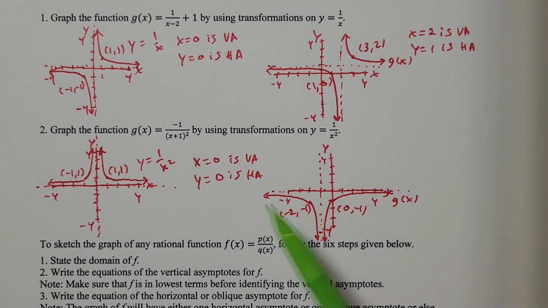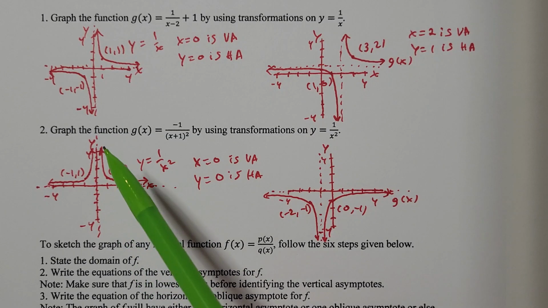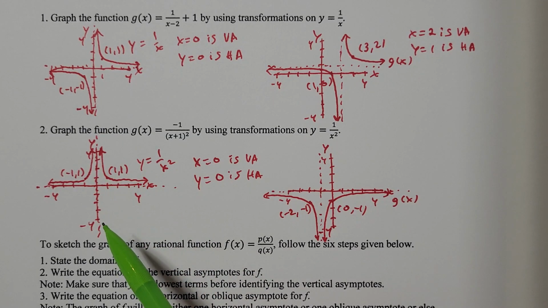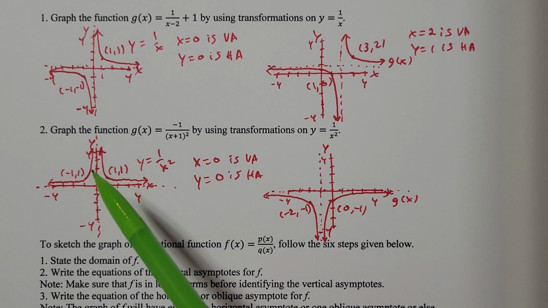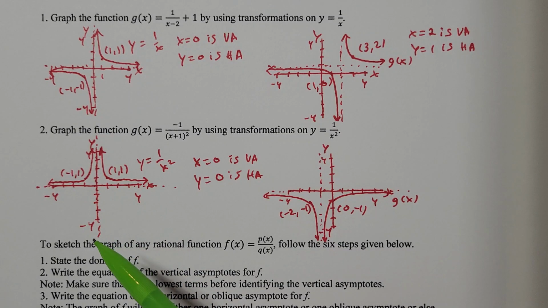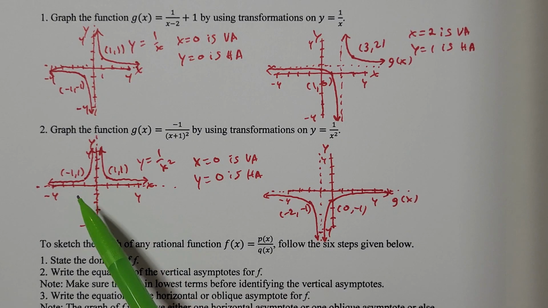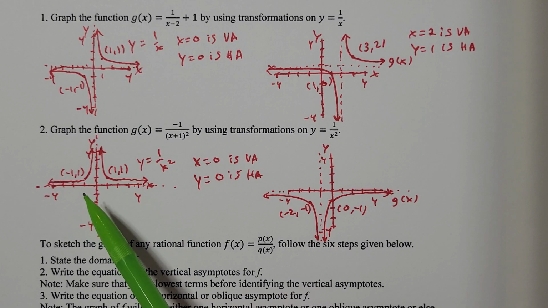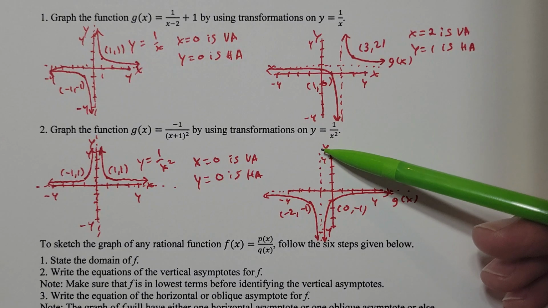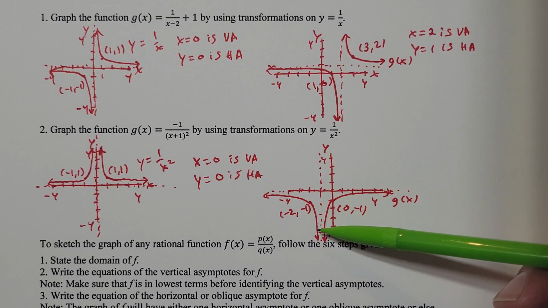So, I got a vertical asymptote at x equals 0. When I reflect this about the x-axis, that's not going to change anything, but I'm going to shift that boundary to the left 1 unit. So ultimately, I'm going to have a vertical asymptote at x equals negative 1.